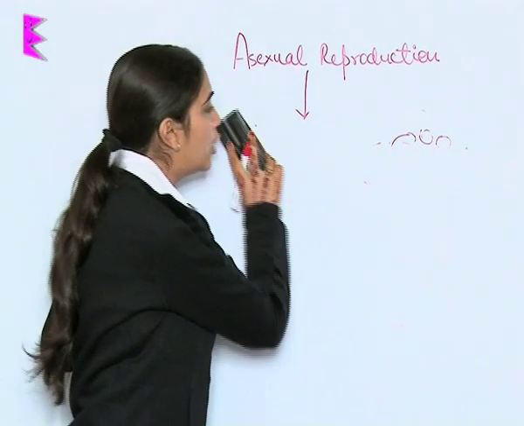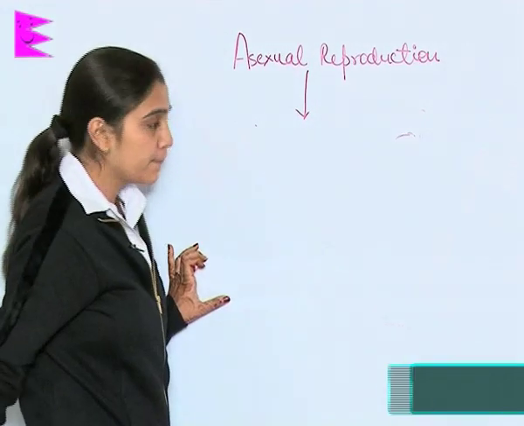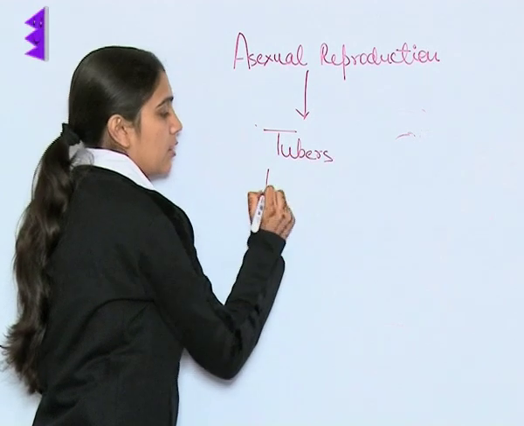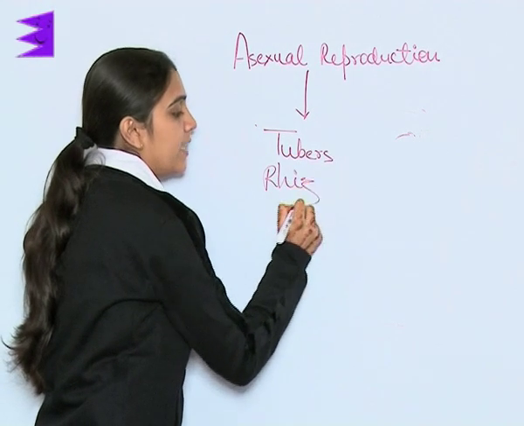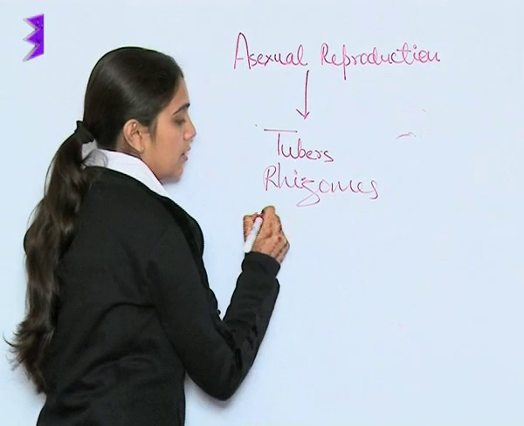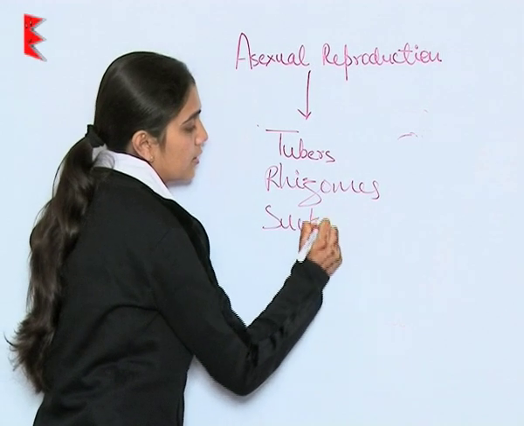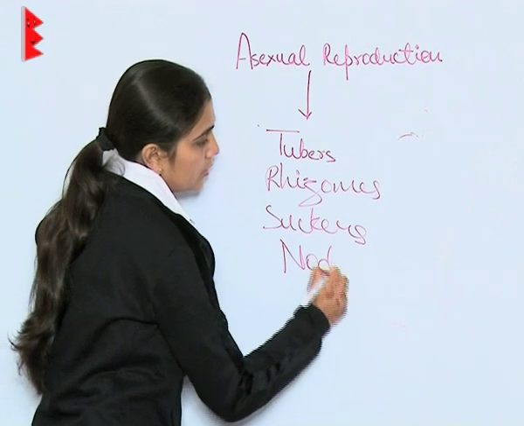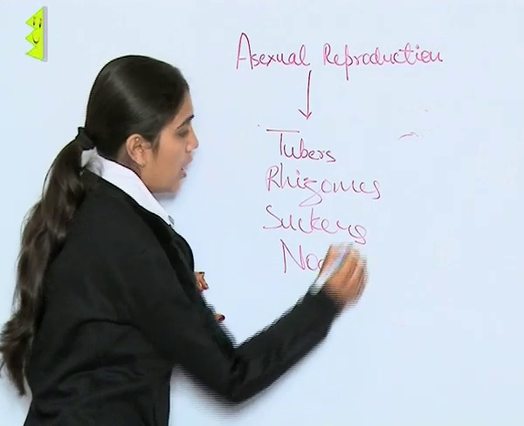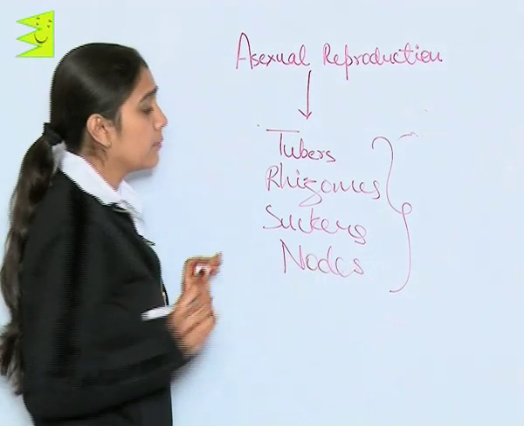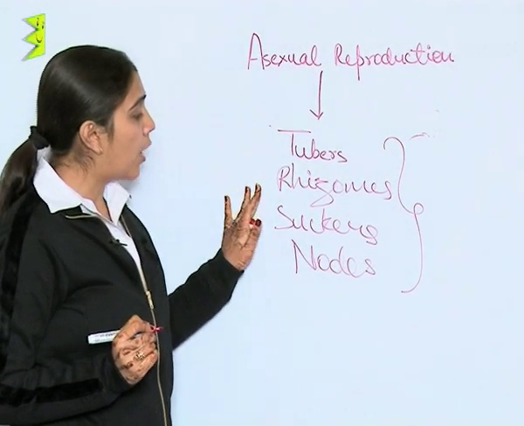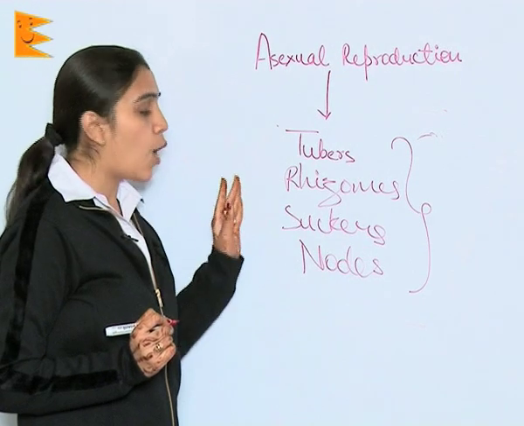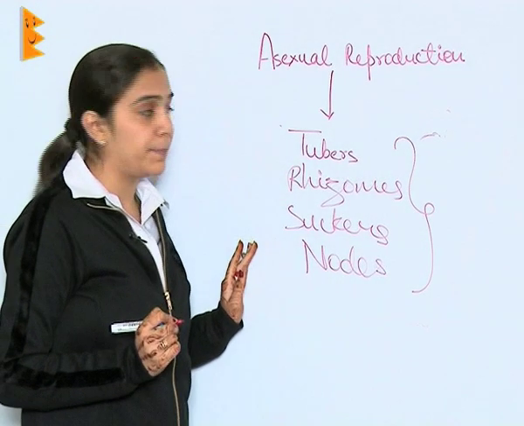You might have heard of terms like tubers, rhizomes, suckers, nodes. Now, these are all found in plants and these all involve only one parent.